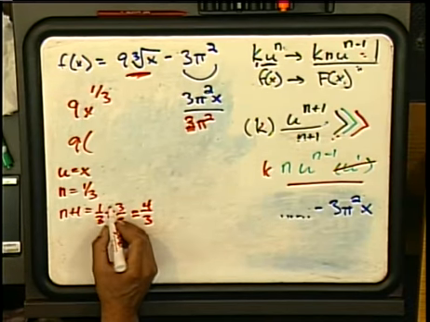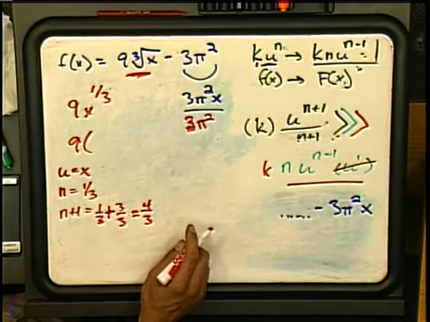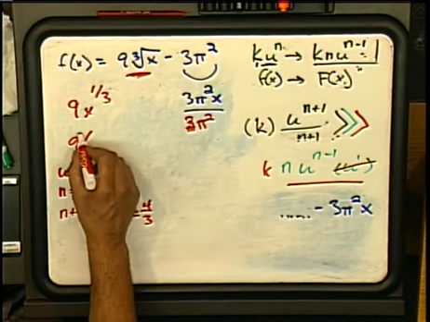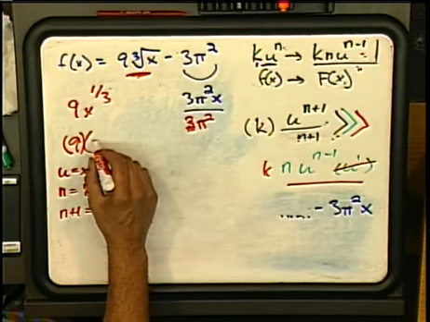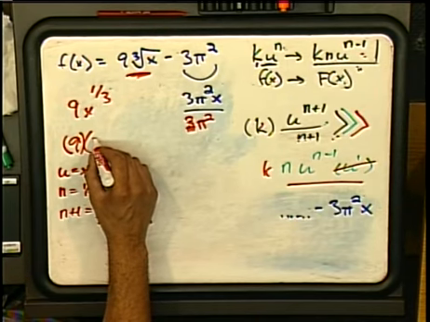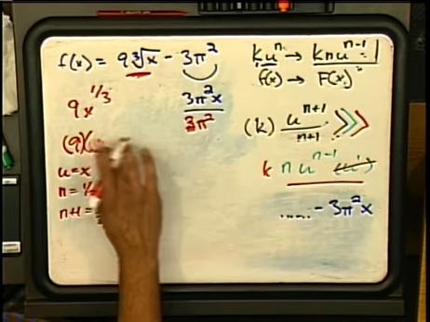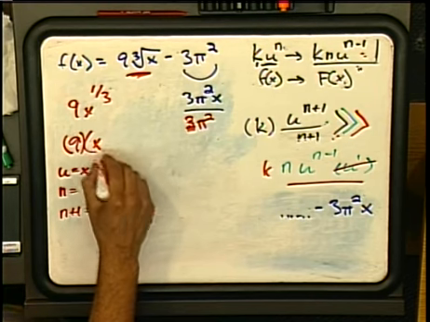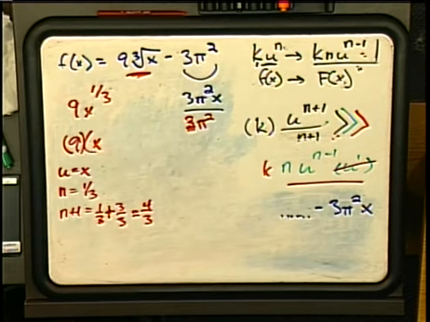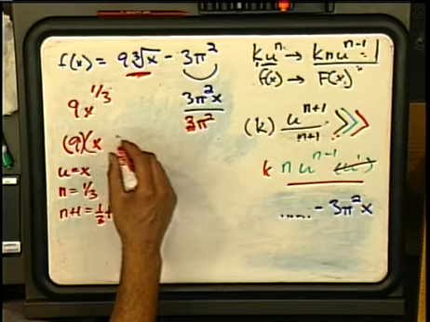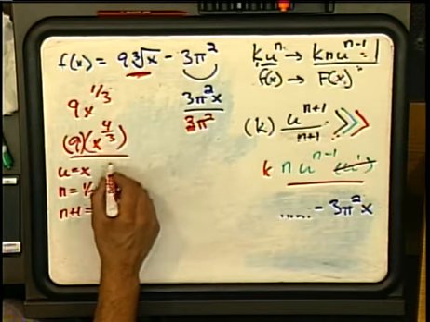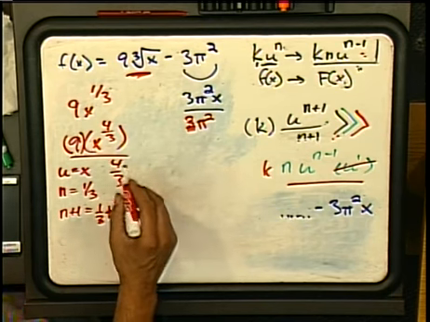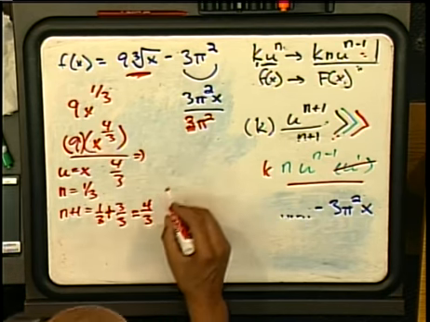Plus, the constant term was taken out. U equals x. N plus 1 equals 4/3, all over 4/3, which is 3/4 at the top.